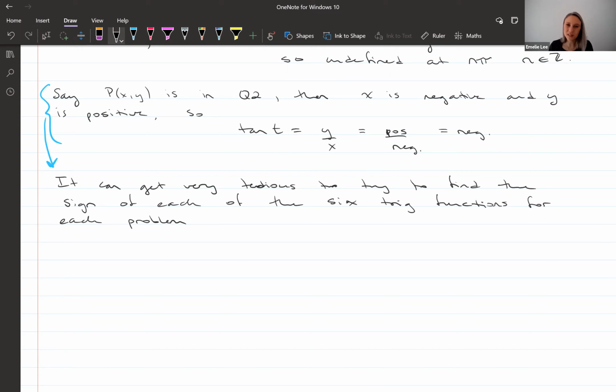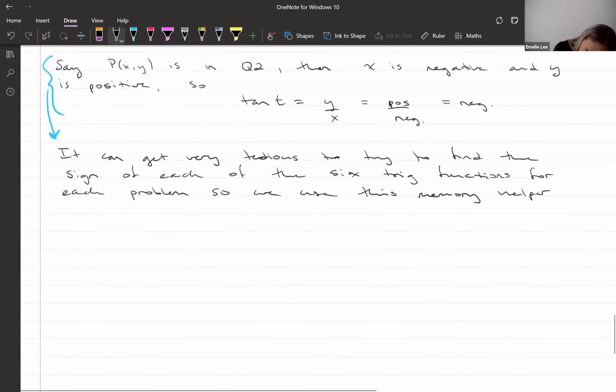So we can use this kind of memory helper. I don't know what they're called, mnemonics. Memory helper, I think it's easier. Memory helper to remember which functions are positive in which quadrants.